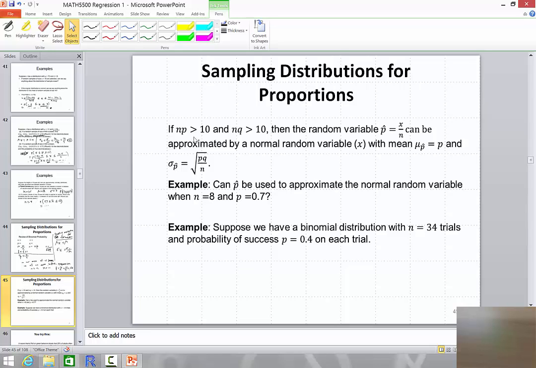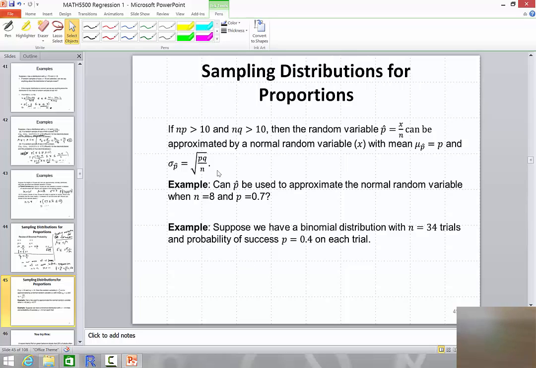Remember, n, p, p hat are coming from a binomial distribution. There is a connection between the binomial distribution and the normal distribution here. This p hat is equal to x divided by n, coming from a binomial distribution, can be approximated by a normal random variable with mean mu p hat equal to p, and standard deviation sigma p hat equal to the square root of pq divided by n.